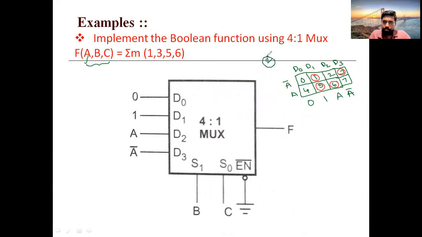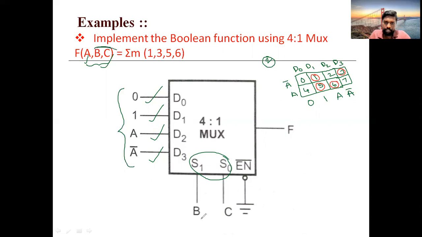What is the first step? Identification of the number of selector inputs. Okay. Now for D0, the answer is 0. So assign 0 for D0. And for D1, the answer is 1. So assign 1 for D1. For D2, the answer is A. Assign A for D2. And D3 answer is A bar. So assign A bar here. And the two selector inputs we have taken are B comma C. Why? Because we have taken A and converted this A into inputs. So BC will be left alone.